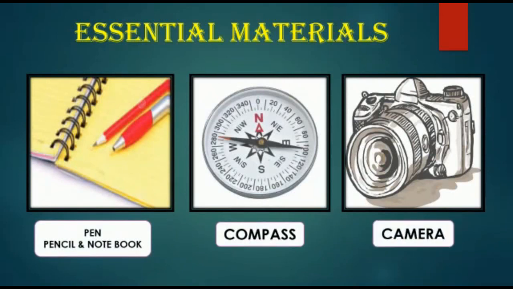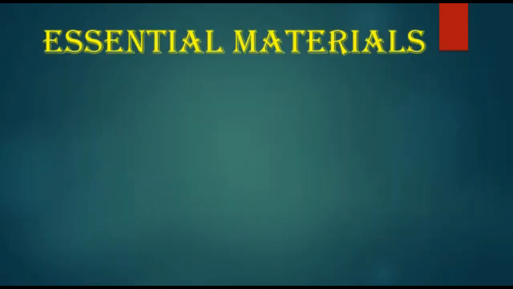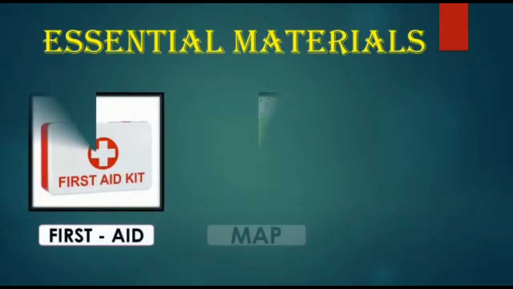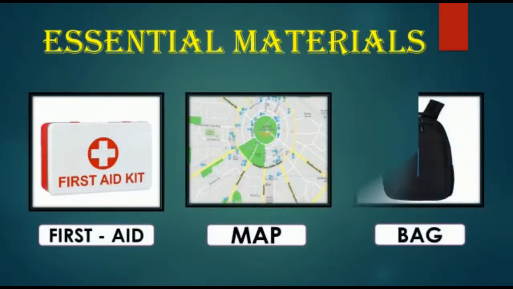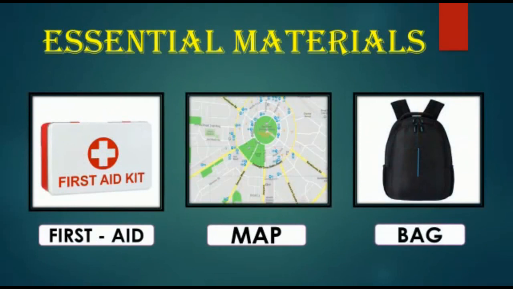Camera to take photographs of that particular region or area. Then here we have first aid box, map and bag. As you all are aware, first aid box we require for our safety measures, map to know the location and bag to collect the various samples which are available in that particular place.